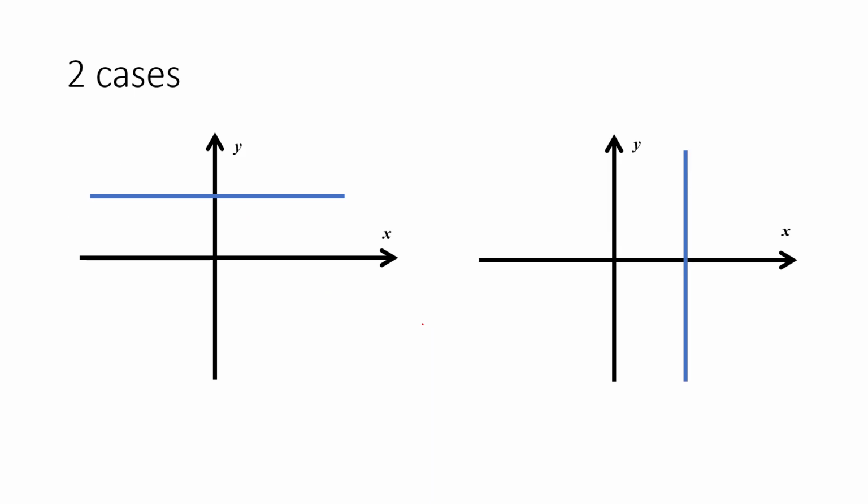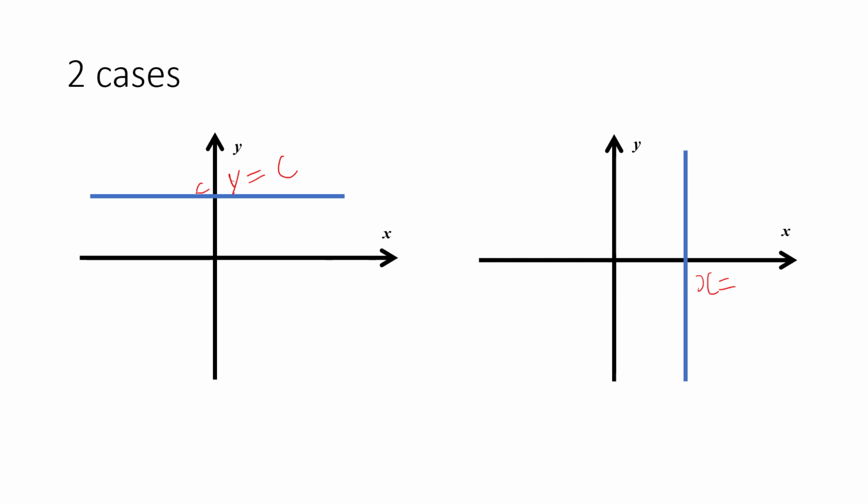So the two cases whereby you do not have y is equal to mx plus c are a horizontal straight line as well as a vertical straight line. For a horizontal straight line, we can see that the straight line passes through y is equal to something. In this case, y is, let's say, c. It's a constant. Then over here is x is equal to something.